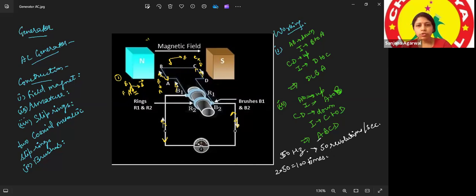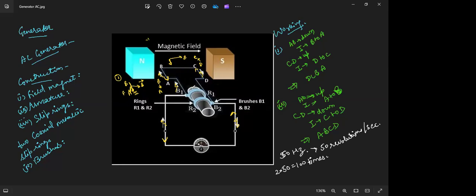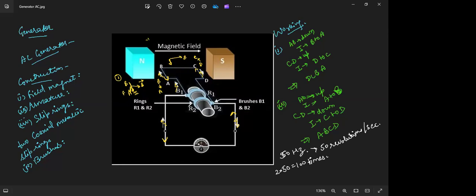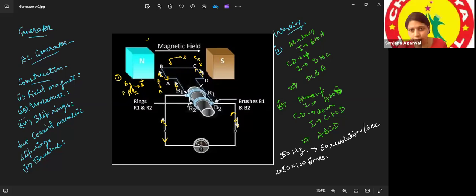Fine. So you were asking earlier whether this wire, this coil, gets twisted. Now see, if you have understood after working, these brushes are fixed. Side A of the wire is connected to ring R1. Ring R1 and the brush are not permanently connected, so along with A, R1 will be completely moving at its place.